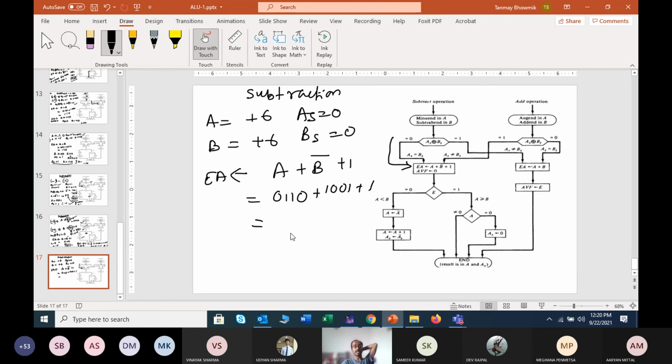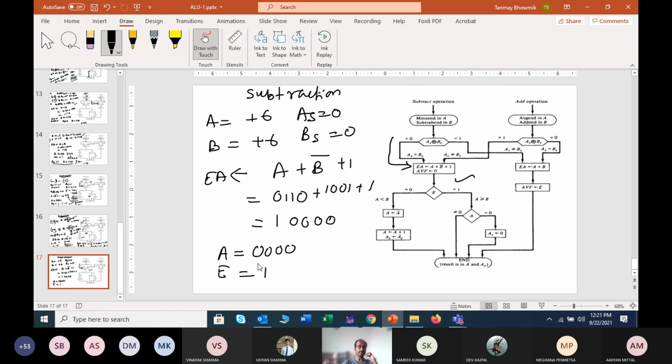So the result will be 1 1 0 with a carry 1, then again 1 1 0 with a carry 1, then again 1 1 0, and finally 1. So you are getting your A as 0 0 0 0 and E as 1, just this one.